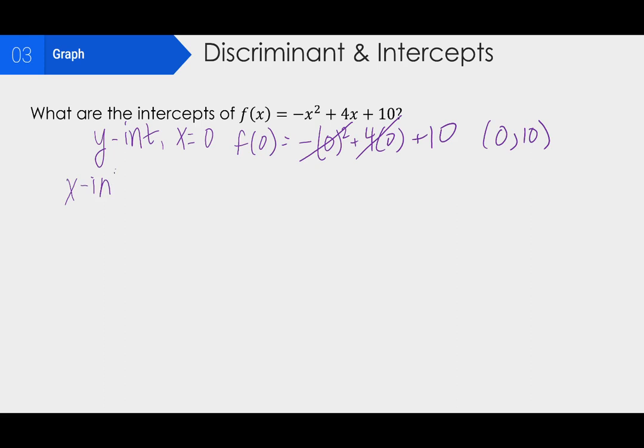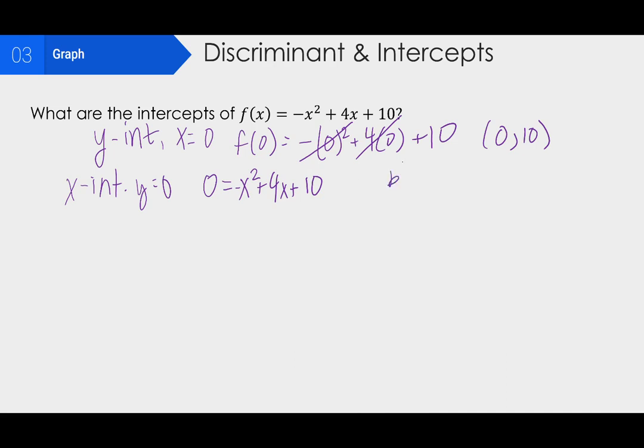X-intercepts. Let's start with plugging in 0 for y, or for f of x: negative x squared plus 4x plus 10. I'm going to start with the discriminant just to see how many solutions, how many x-intercepts, right, same thing, that I will have.